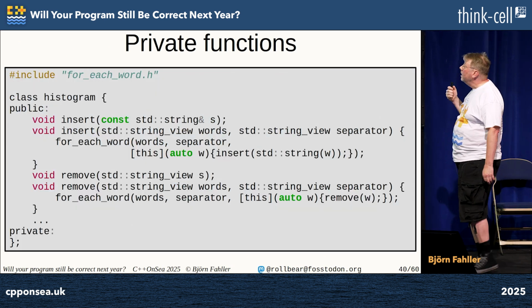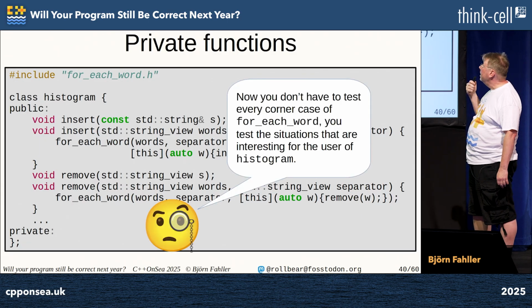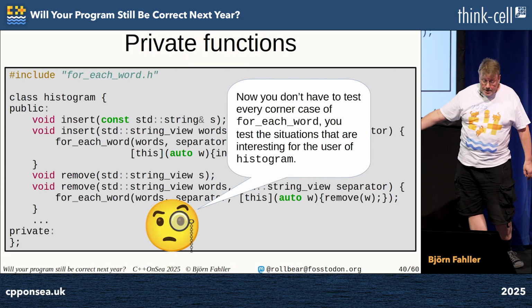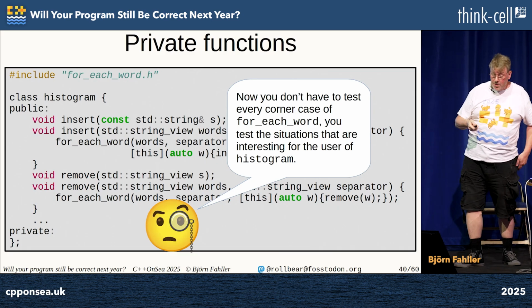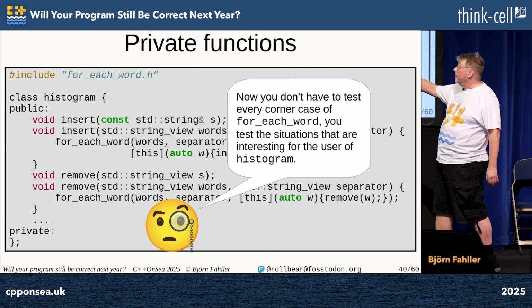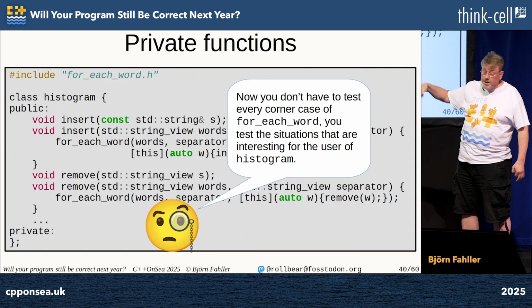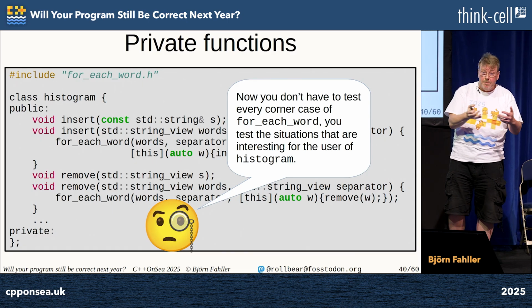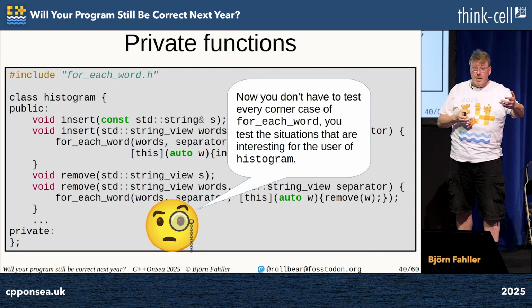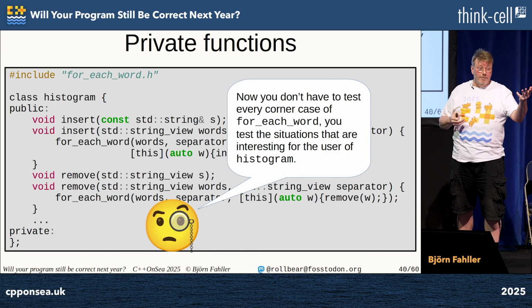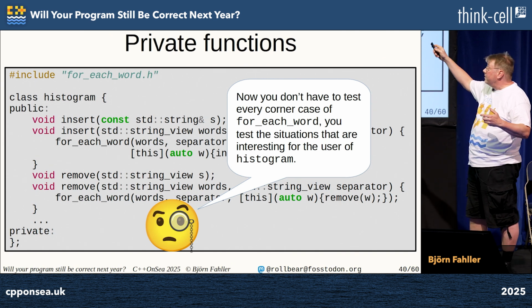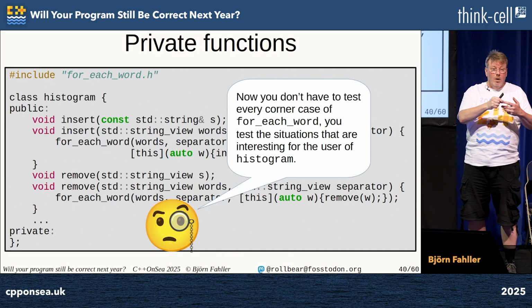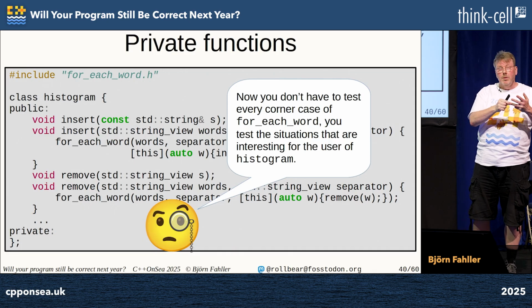So, back to my histogram. And now I'm using for each word. In this case, I actually don't have a private function. But if this was more elaborate, if instead of for each word it was a class that has some member function that for various reasons sometimes returns values from an enumeration, say, I want to ensure that I have tests that trigger all the cases, all the actions that depend on the different returned enumeration values.